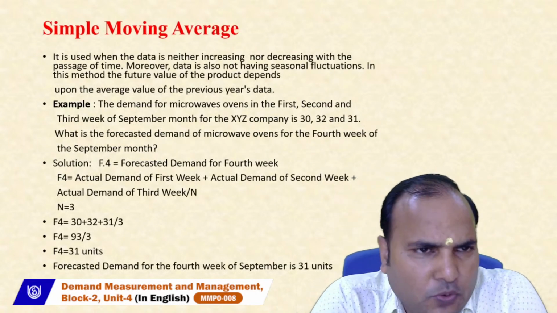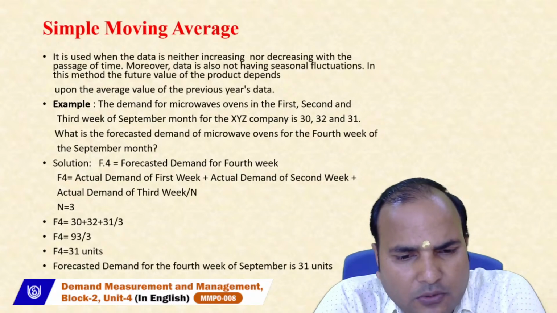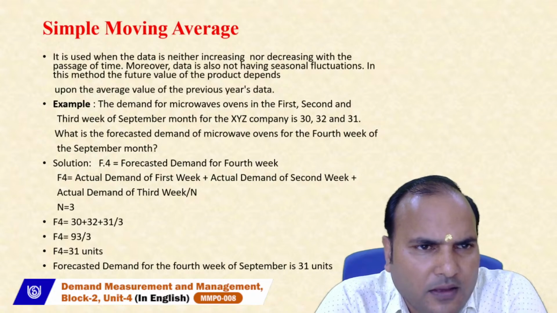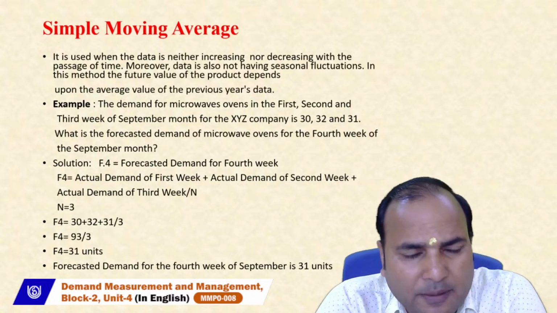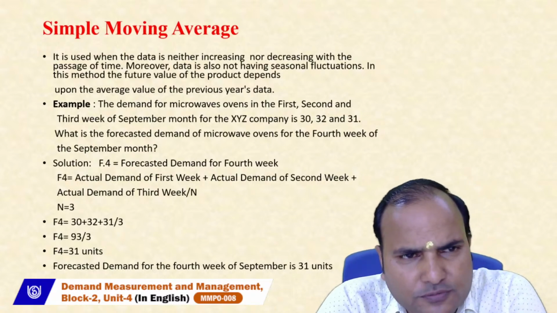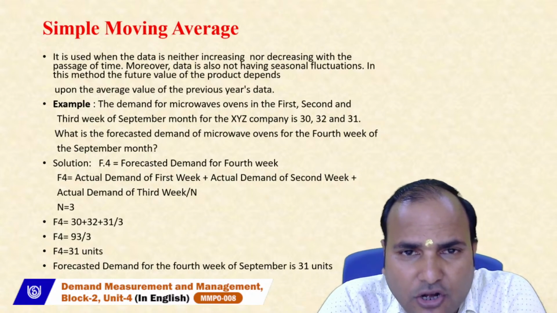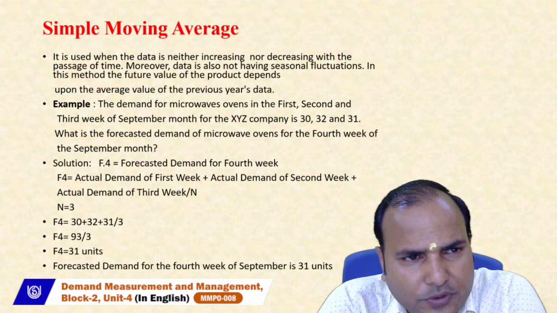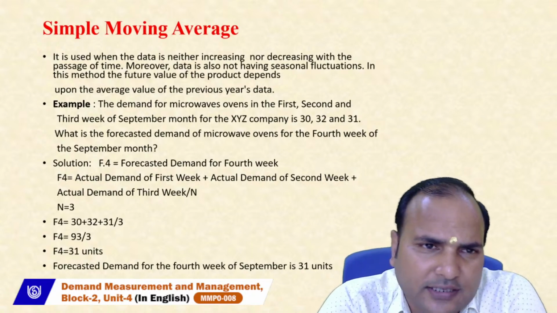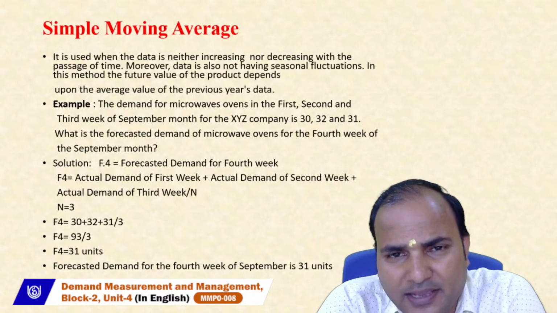Then let us know about the simple moving average. Here we will discuss some practical problems. Basically, in simple moving average, what happens? It is used when the data is neither increasing nor decreasing with the passage of time, and moreover the data does not have seasonal fluctuation.